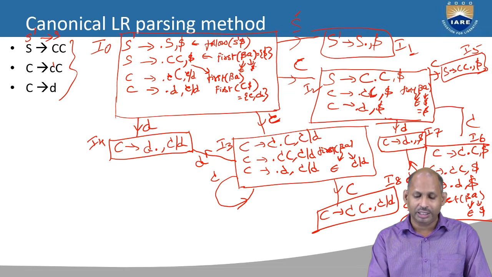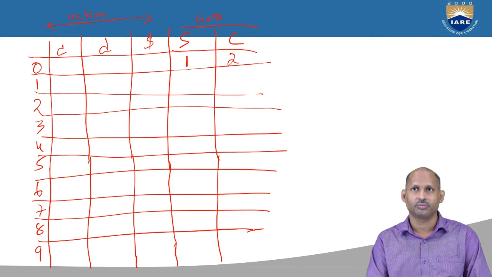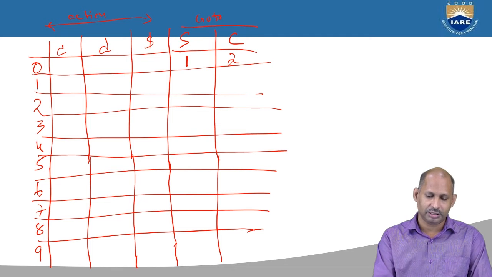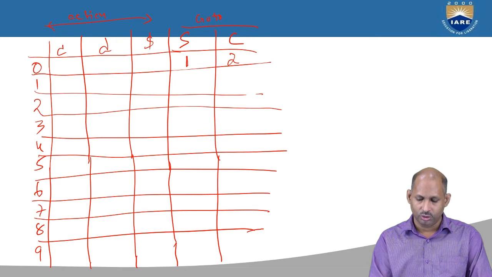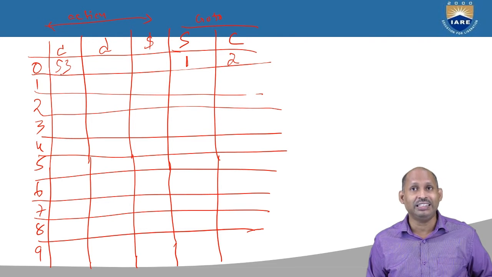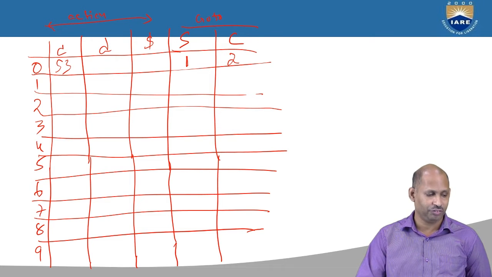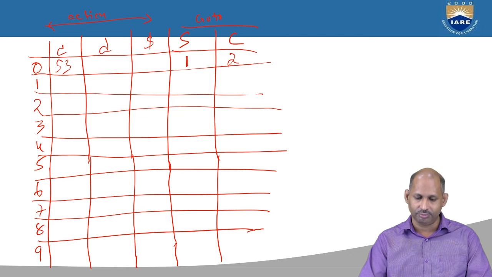Next, on terminal C going to I3. If it is a terminal, we have to say S3, shift action. We have to specify it as S3 shift action.